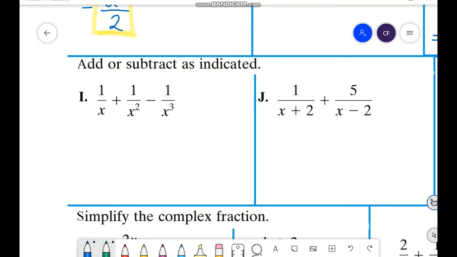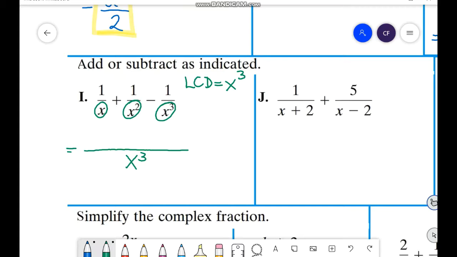To add or subtract, the first step is to find the least common denominator. We have x squared and x cubed. So for the least common denominator, you find the unique factor, which is x, and you keep the highest exponent, which is 3. Cool? Now you're going to write the whole thing under the same least common denominator.